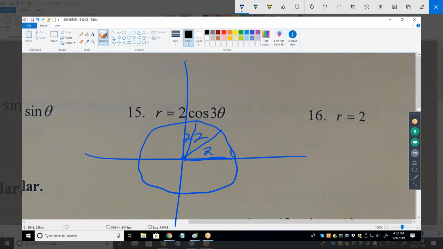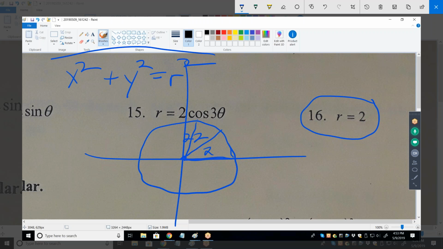Now, at this point, you can begin to see the advantages of polar equations over rectilinear equations. The equation of a circle is this. Horribly complicated and hard.